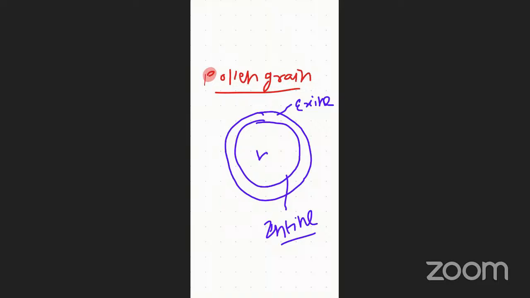The nucleus. Right? So this is actually the pollen grain.